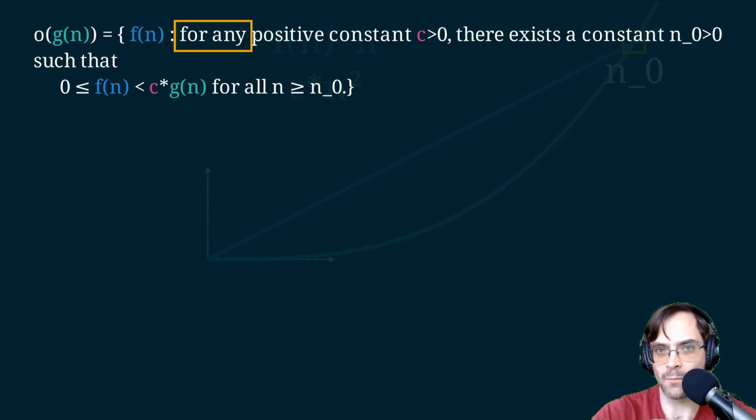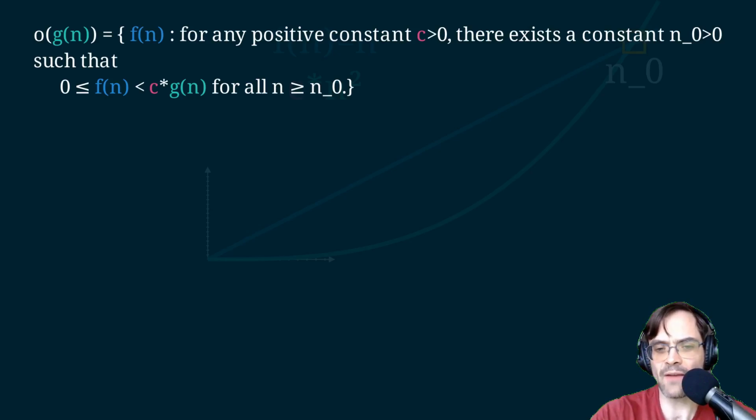No matter how small you make it, there will be some n naught beyond which g of n overtakes f of n. And those n naughts will be different for each constant, as you can see. As I said, this is really just a formalization of what we were doing on the graph. Another key difference in this definition is you'll notice on the bottom line, we now have a strict less than c times g of n, whereas before we had less than or equal to.